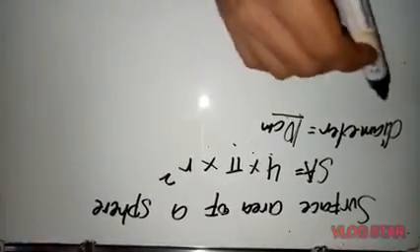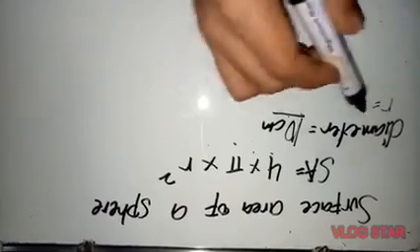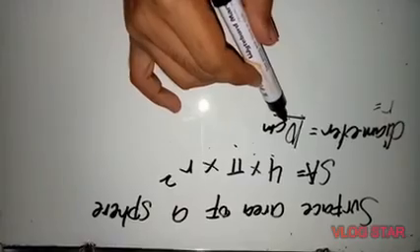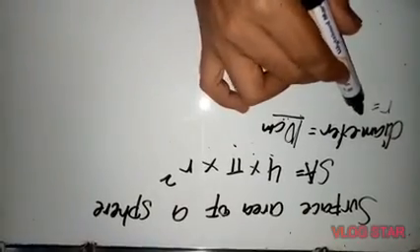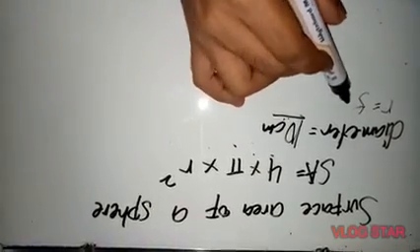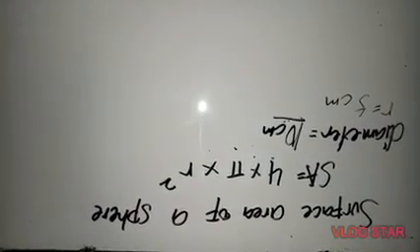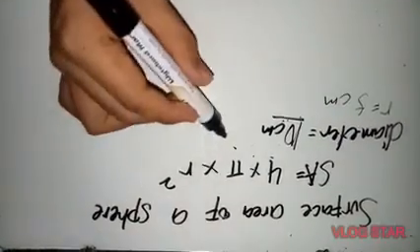First, since this is diameter, we'll get the value of radius or r. Just divide 10 by 2, then the radius would be 5 centimeter. Then we can proceed in our computation.